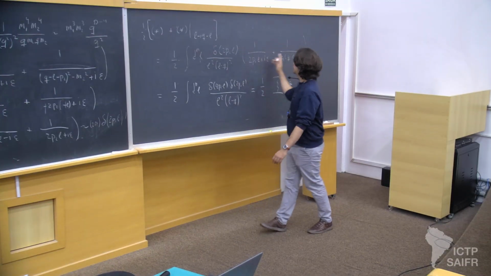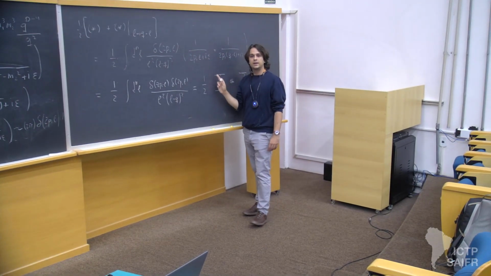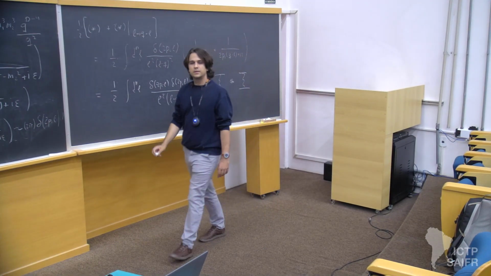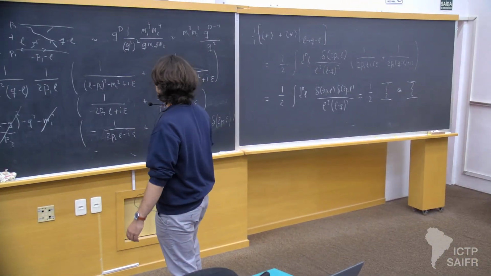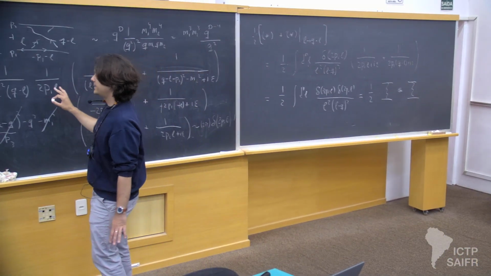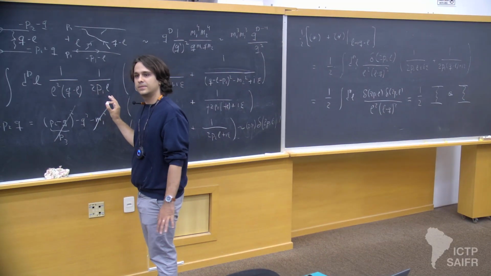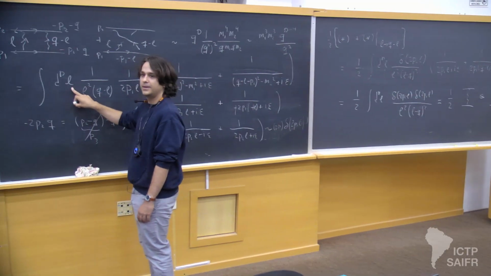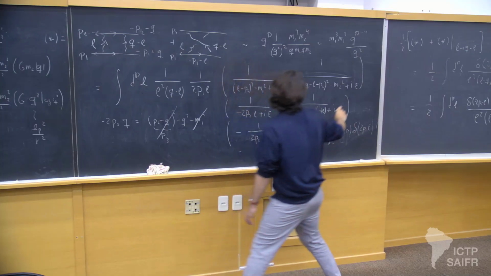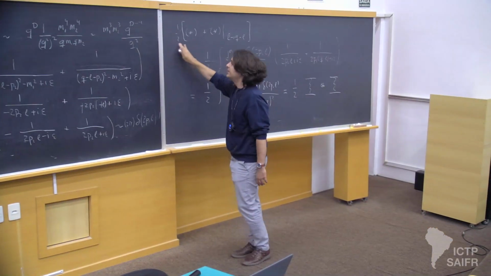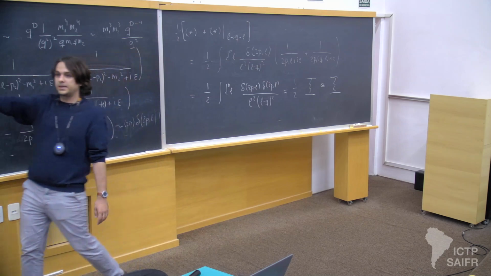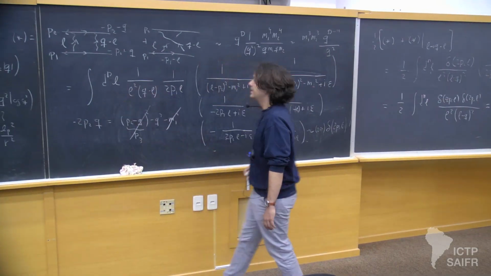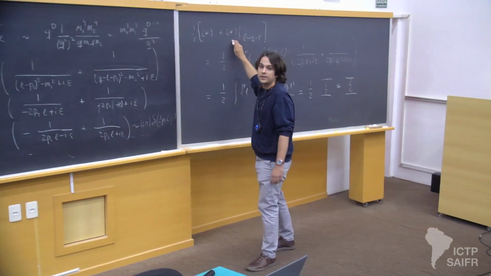Then I saw that, again, the same combination appears. No, this is the full integral. Then I'm just manipulating this by adding it, and then I have 1/2, so that I don't overcount, of the integral plus the integral, but choosing different labels for the loop momenta. So this is just adding 1/2 of 1 plus 1.